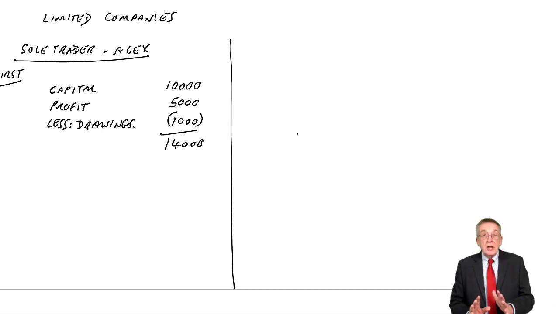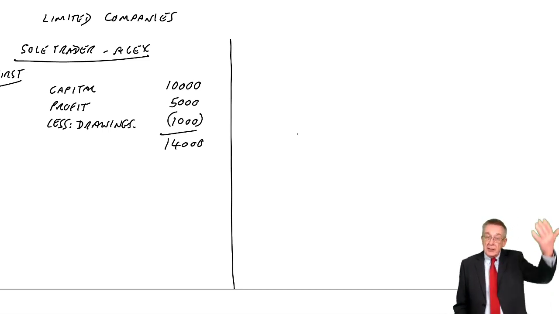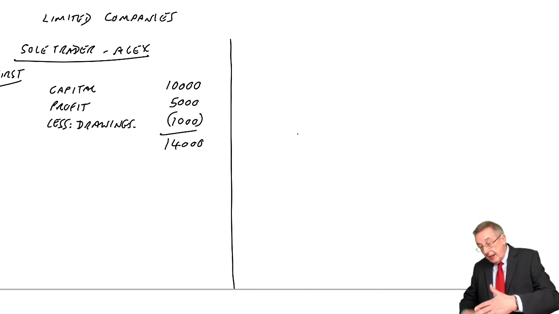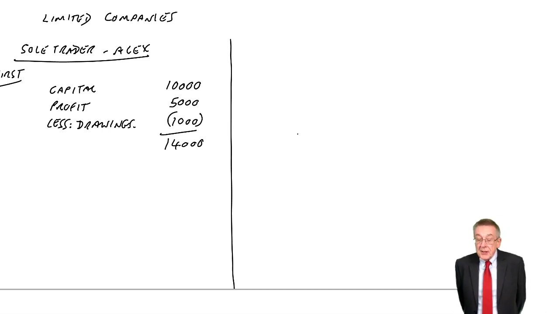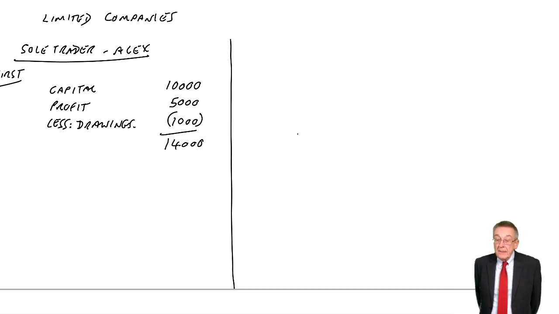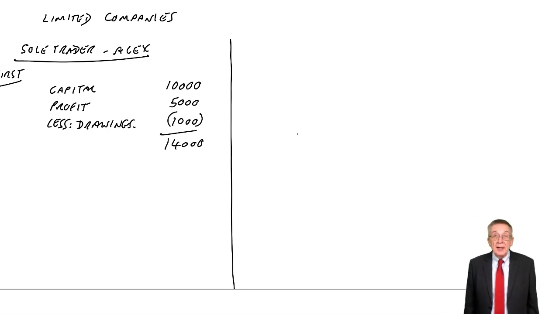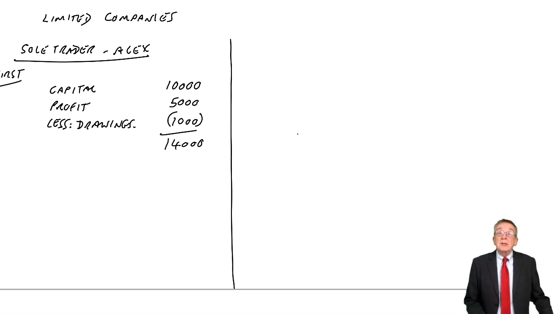So appreciate, I'm just showing the capital part of the statement. You have all your assets, we'll have the liabilities. But as far as capital's concerned, with a sole trader, we show the original 10,000 that was paid in, add on the profit, subtract the drawings. We do show that detail. And there's 14,000 owing at the end of the first year to the owner.